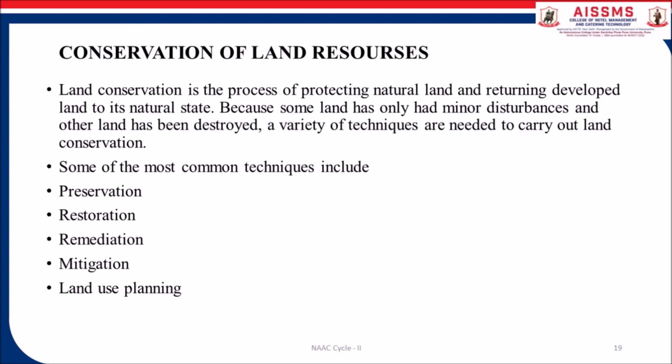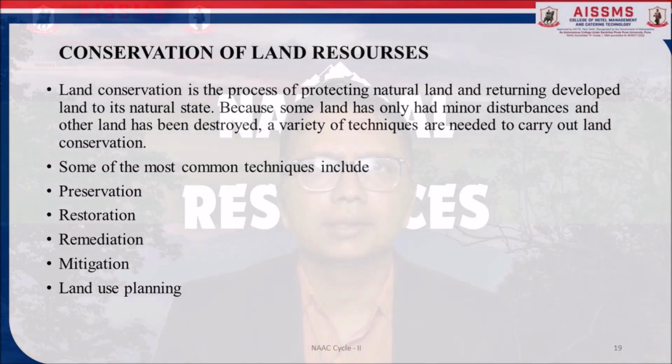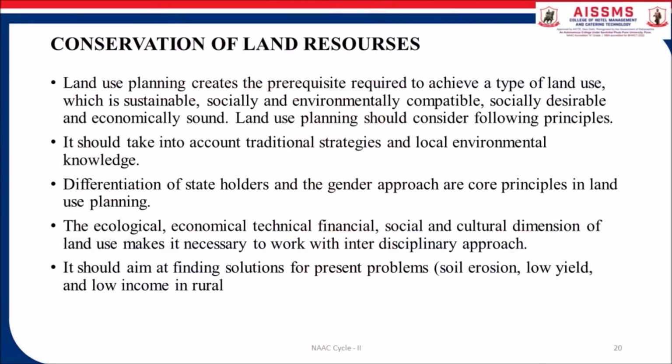Some of the most common techniques include preservation, restoration, remediation, mitigation and land use planning. Land use planning creates the prerequisites required to achieve a type of land use which is sustainable, socially and environmentally compatible, socially desirable and economically sound.